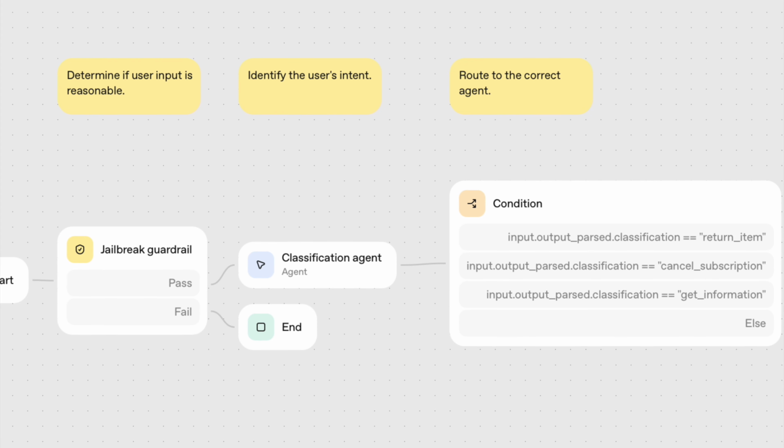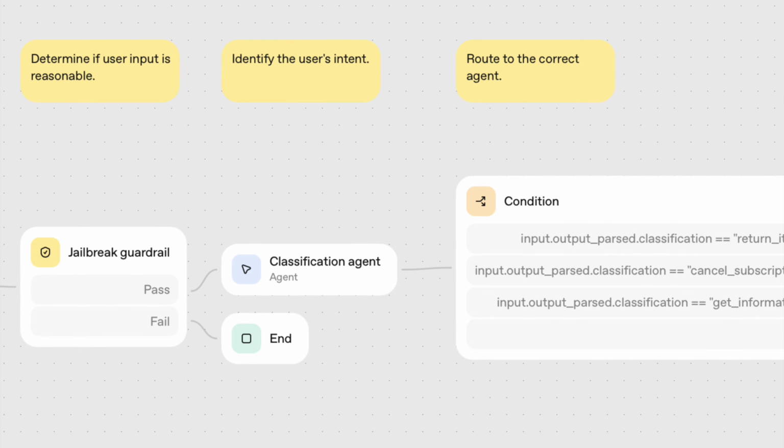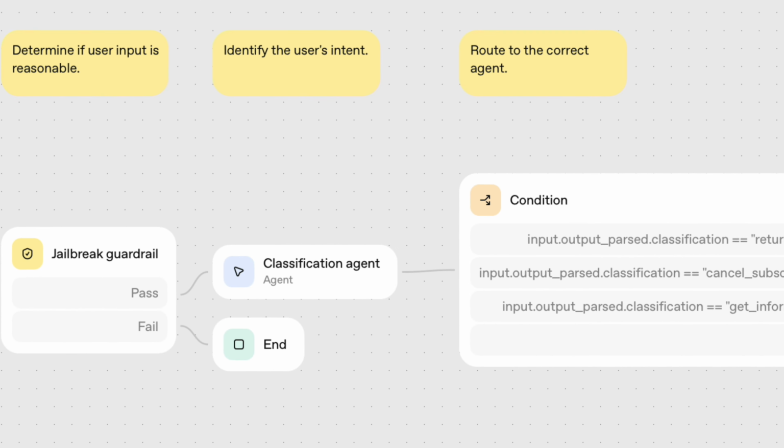So instead of wiring hundreds of pre-built connectors, you give one agent access to a few tools and it figures out which one to use, when to call them, and how to validate the results. Essentially, it's the difference between programming and collaborating, okay? So Zapier moves data, Agent Builder moves decisions.